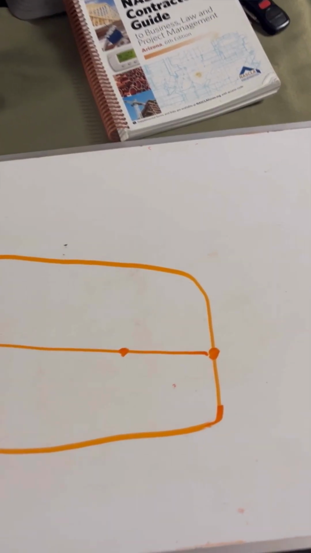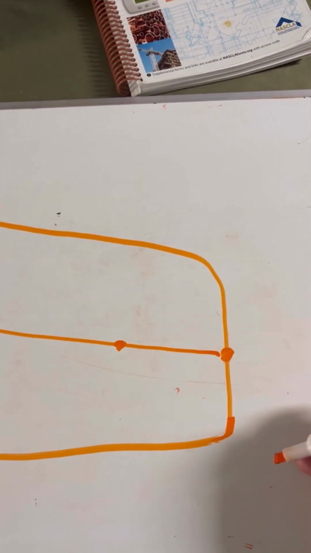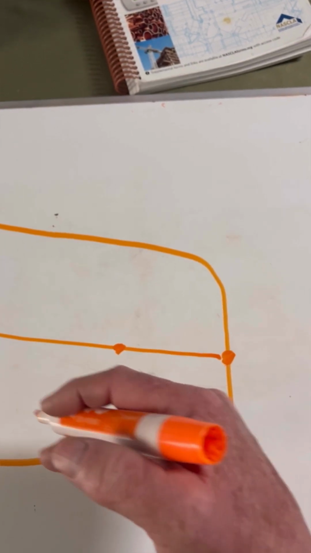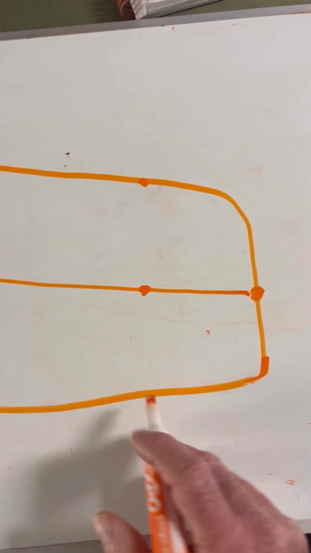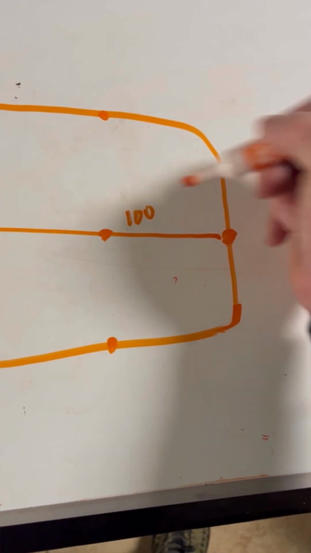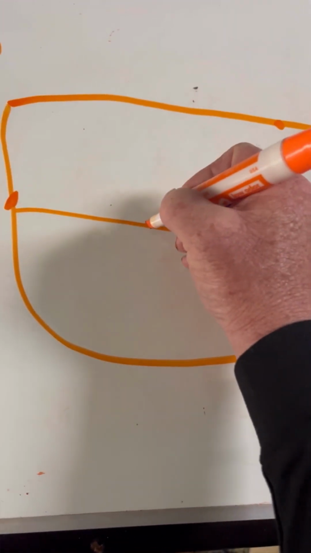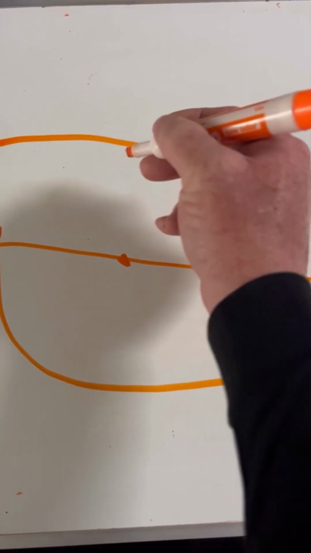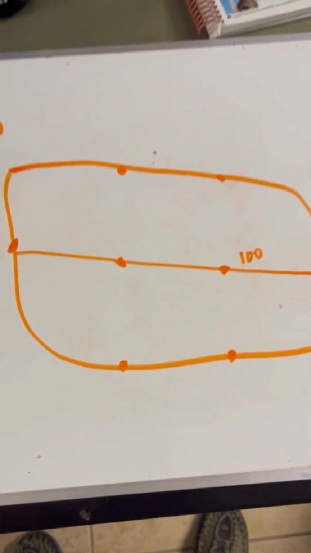So what you would do is you would come off this point 100 feet, throw a nail in the ground, turn a 90-degree angle to the right, and you'd put a point here, and you'd do the same thing to the left. And so this point here is 100 feet. You'd come off another 100 feet, so now you're 200 feet from the starting point, and you'd put a point here, and you would do the same thing over here, and over here.